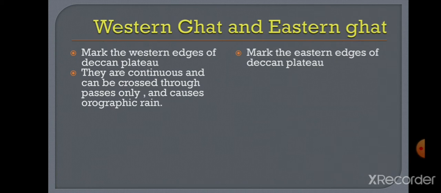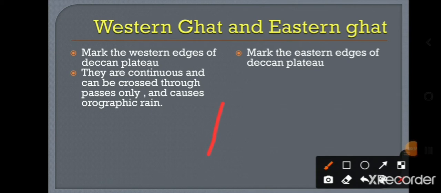Now the second point here is that they are continuous, can be crossed through the passes only, and cause orographic rain. Orographic rain is a kind of rain that occurs when rain-bearing winds hit a mountain and get uplifted. Assume that this is a mountain. When monsoon winds hit this mountain, the warm part of the wind causes rainfall here.